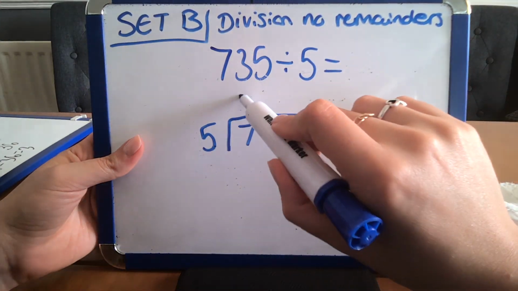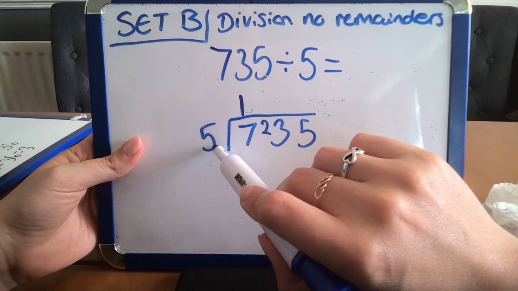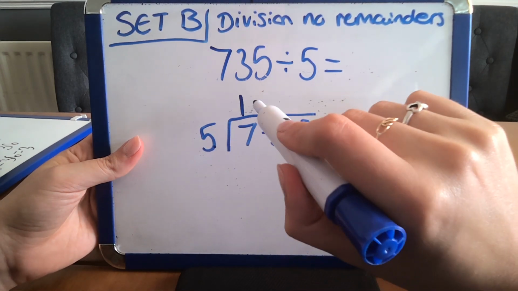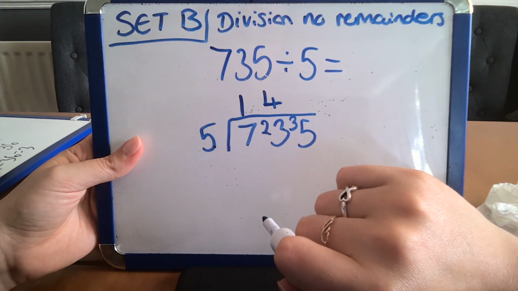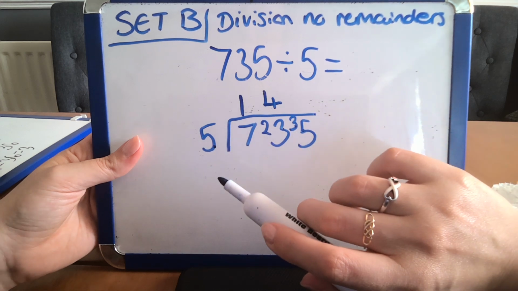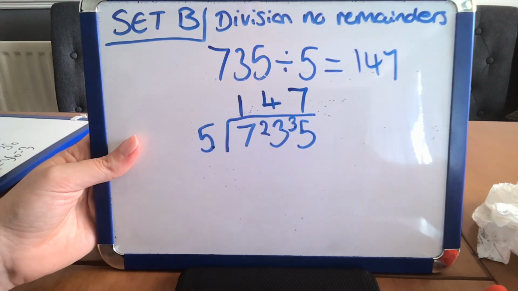How many 5s go into 7? 1 with 2 left over. How many 5s go into 23? 4 with 3 left over. How many 5s go into 35? 7. 147.